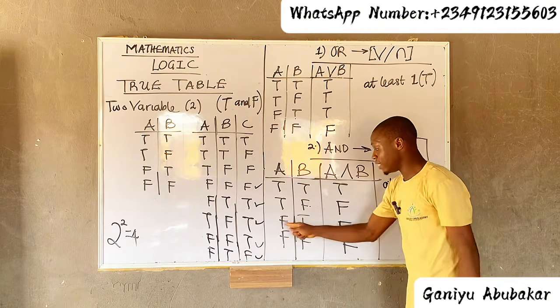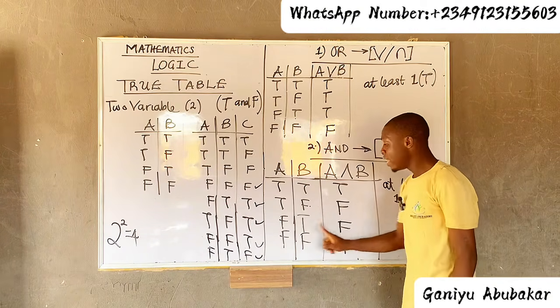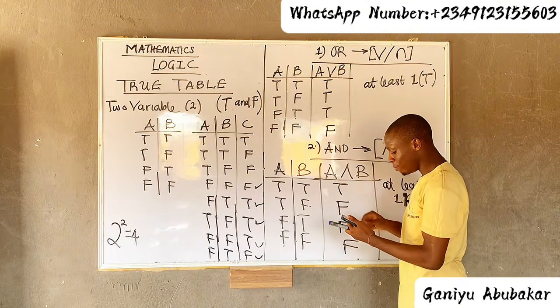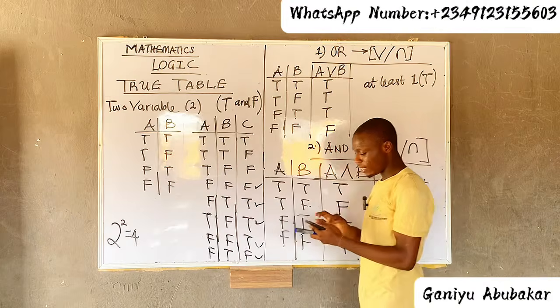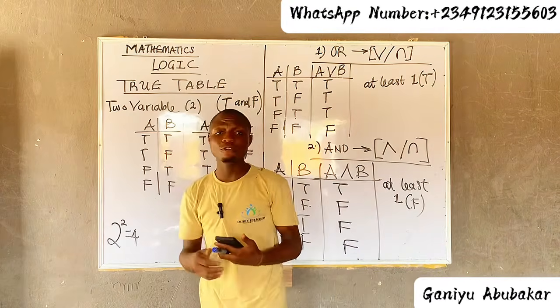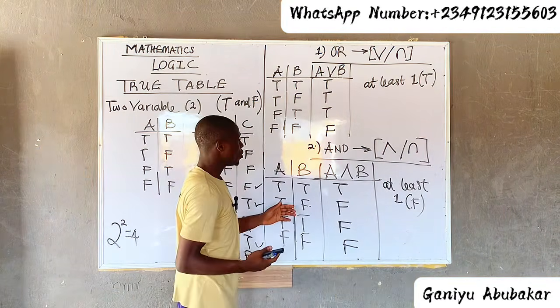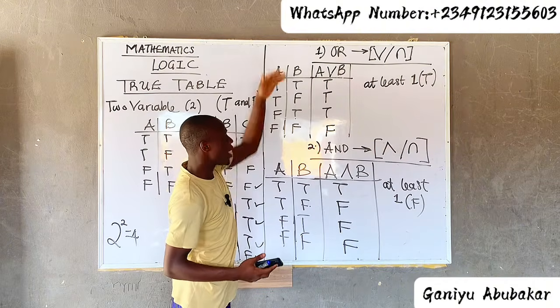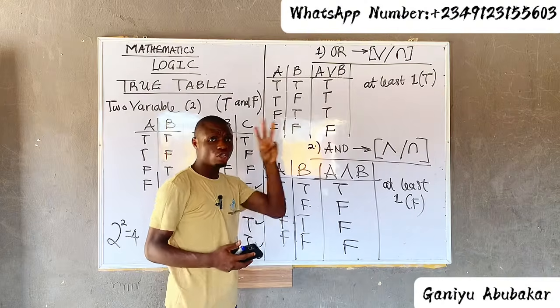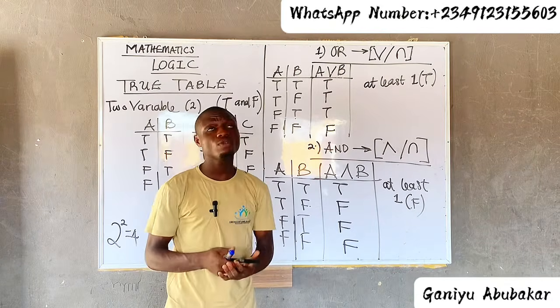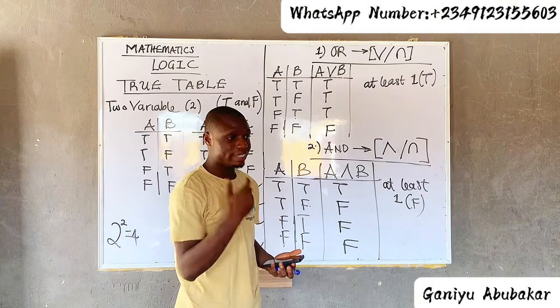At least one F is here, so I have false as my answer. FF, of course, my answer should be false because I can see a false existing here. So this is how you find the connective and for two variables. Let's proceed to the third connective called negation.